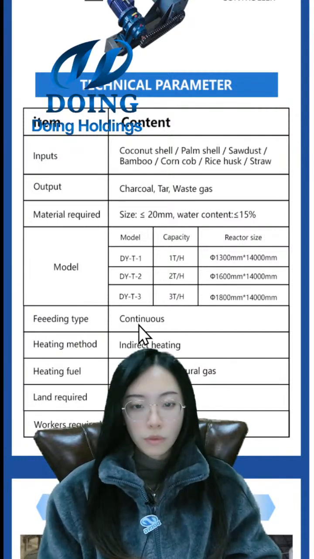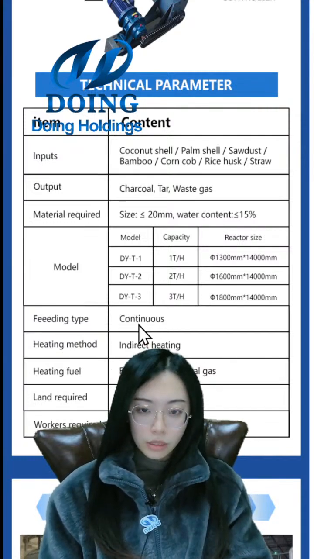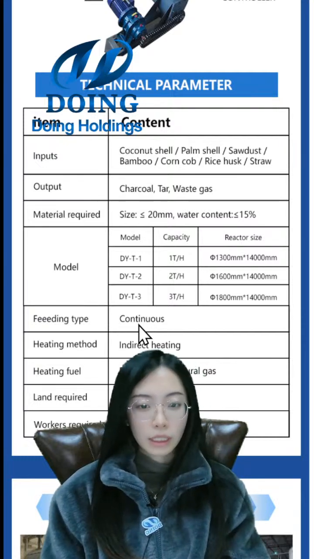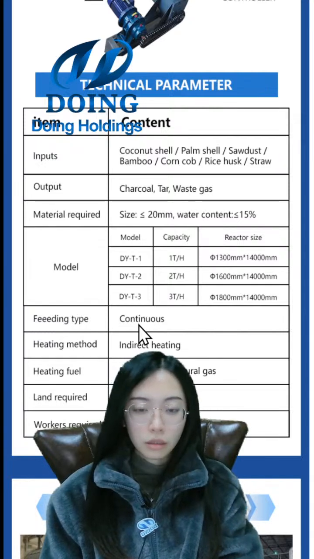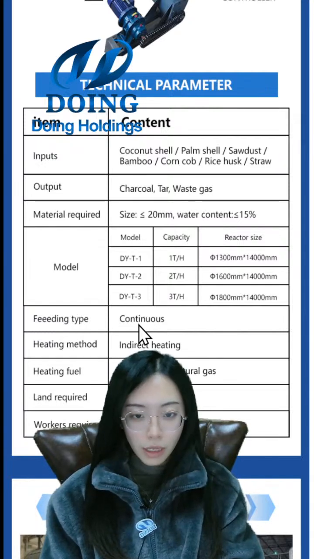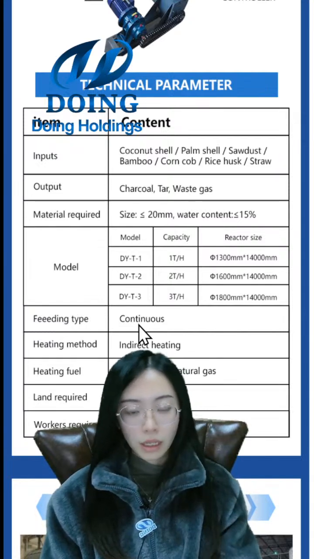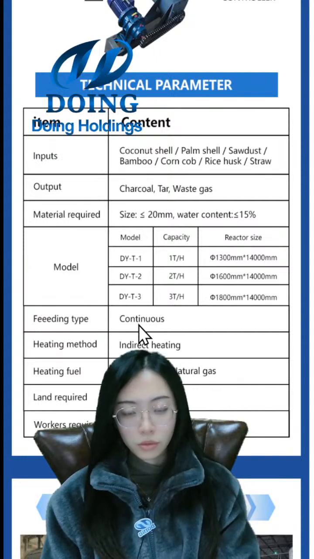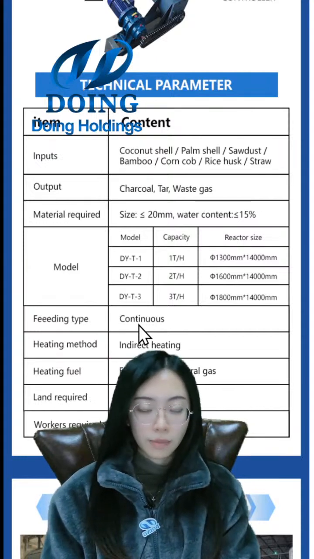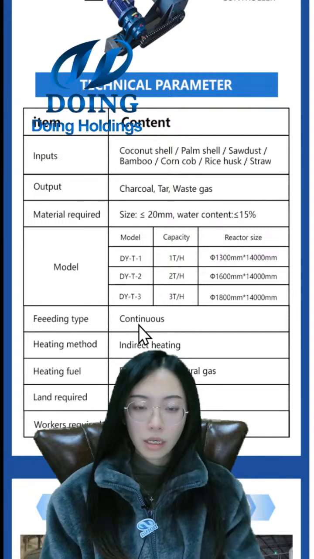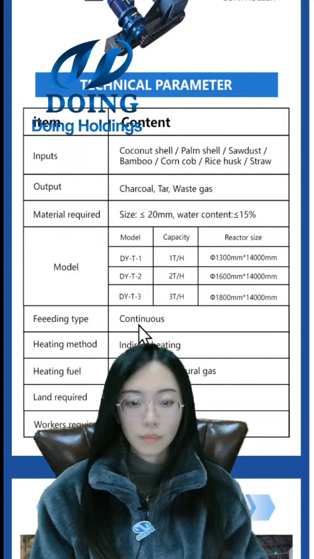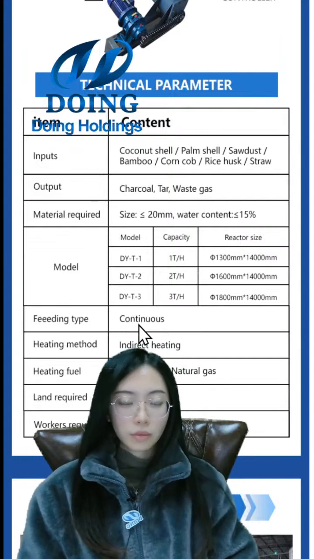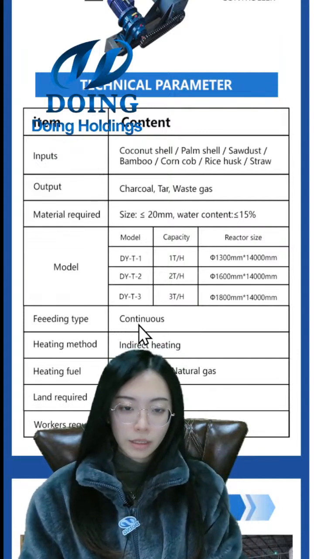So today we show the continuous way of heating, like in the 3D video and the video of the prototype, which are all continuous. What is continuous? That is to feed, carry out the carbonization reaction and have the slagging step at the same time. So it can work for 7 to 10 days without stopping.